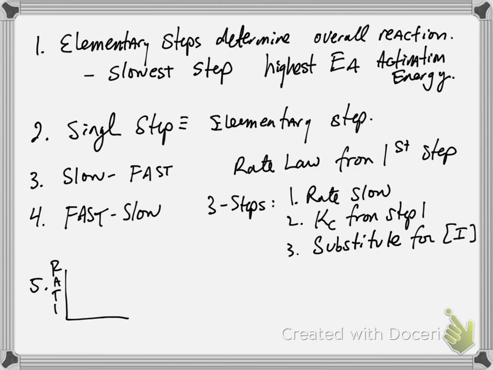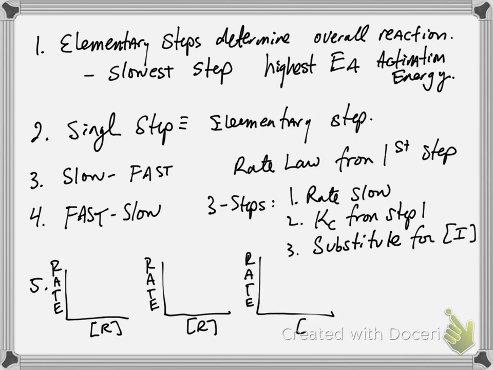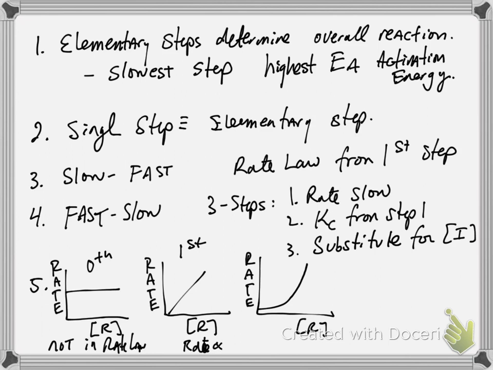And here's how we would graph the different responses of concentrations versus reactants. So let's take a look at this. First, zero order, right? If you have a reactant that is not in the rate law, that is going to be zero order. If you have a rate law that is proportional to the first power of a reactant, then it will be first order kinetics.